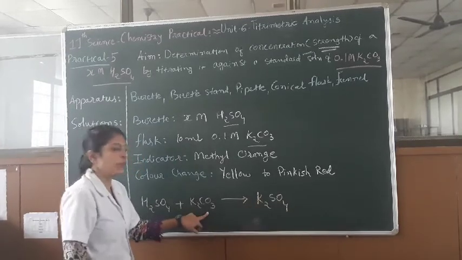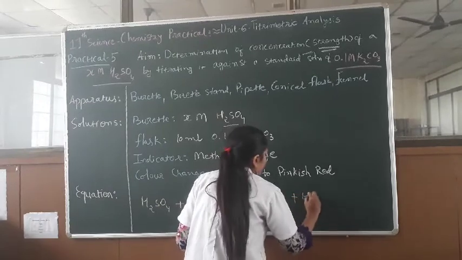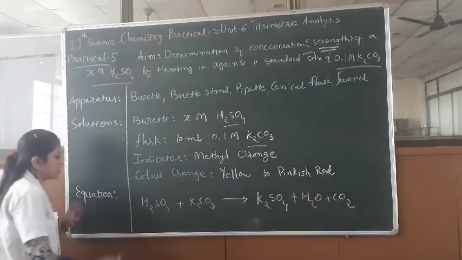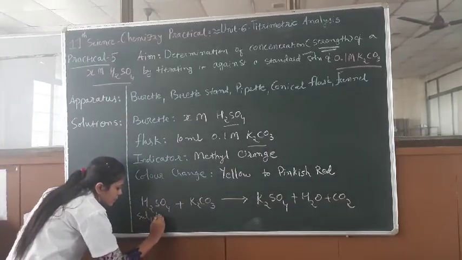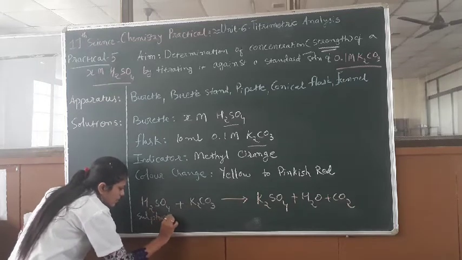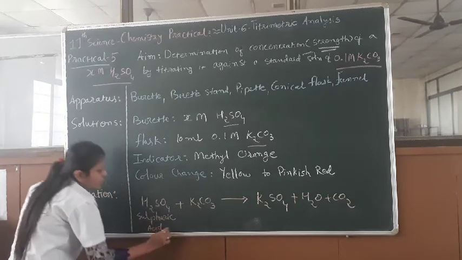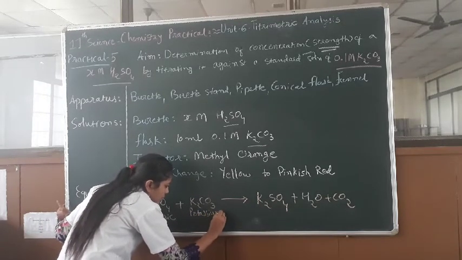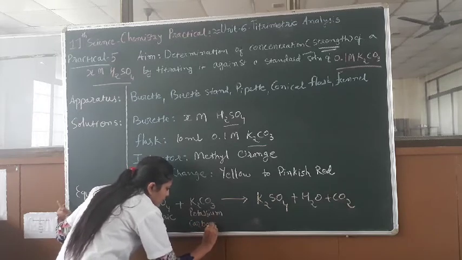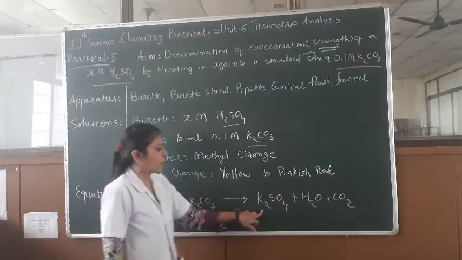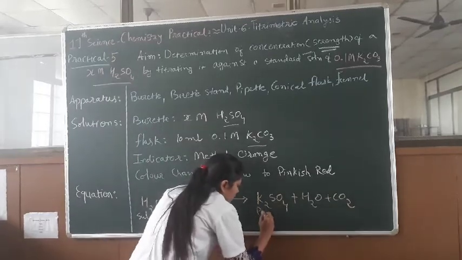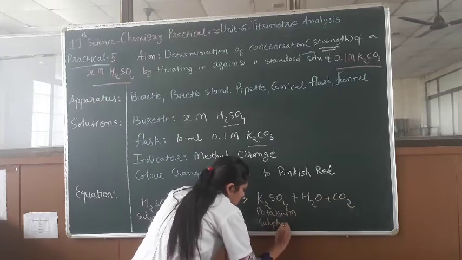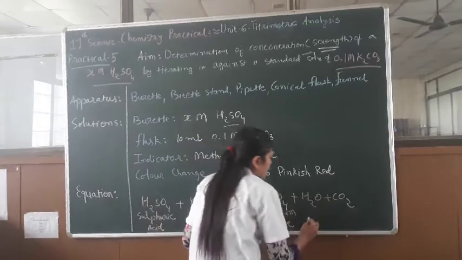Then H2 and CO3 is remaining, that's why H2O plus CO2. Here we have to write sulfuric acid, potassium carbonate, potassium sulfate, plus water and carbon dioxide.